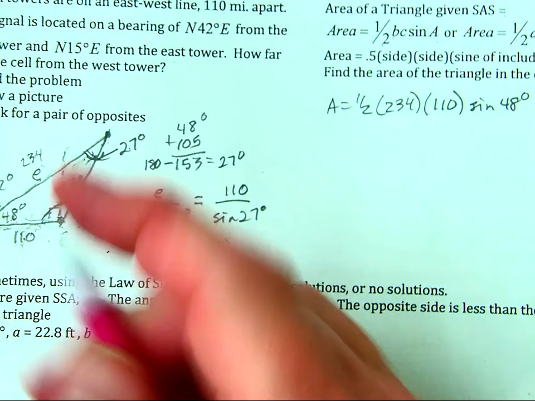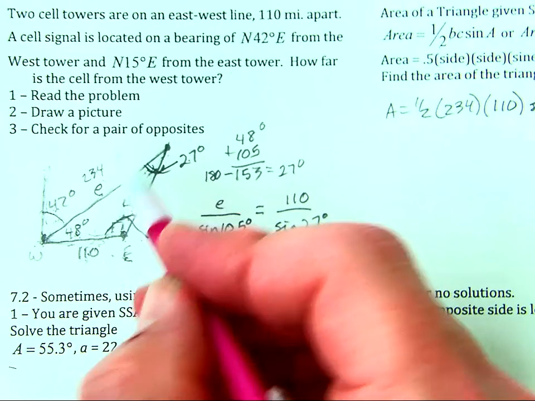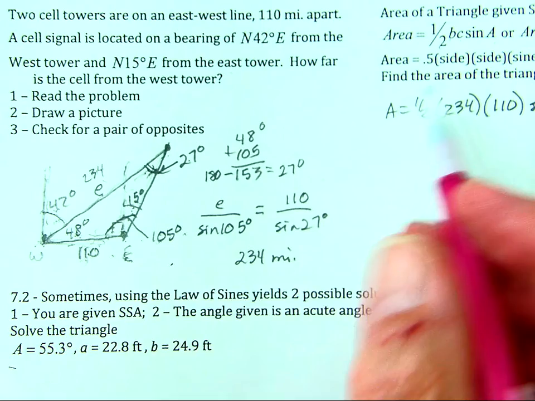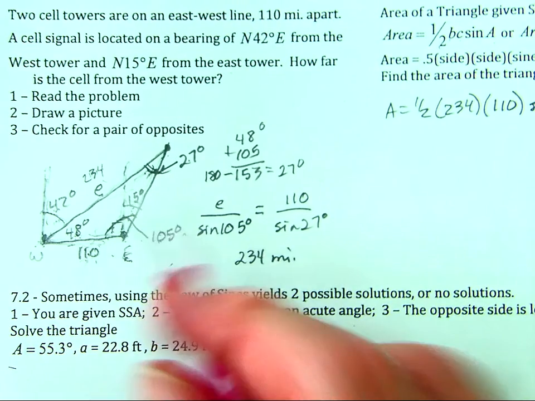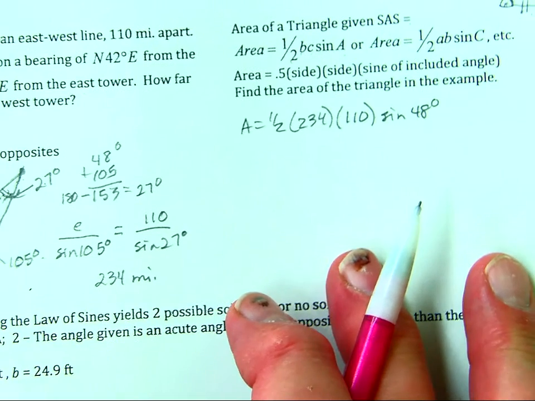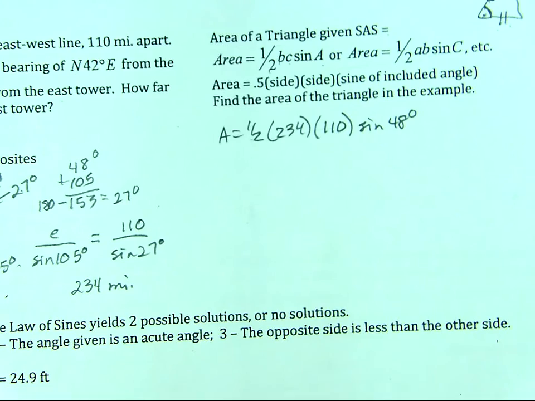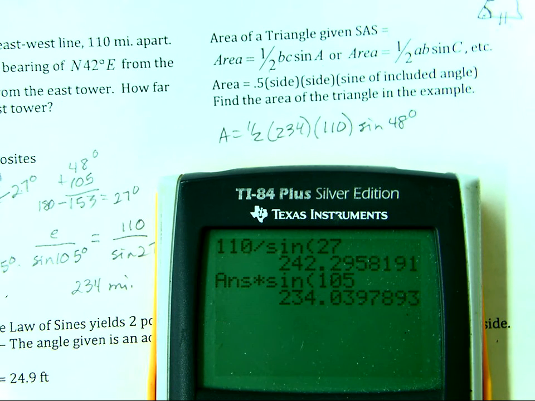So again, if you're given side, angle, side, so we look here, we found this side, so we had side, angle, side. So in the formula, we use those two sides and the angle between them. That is called the included angle, and that goes into our formula. Then we just do all that on our calculator.